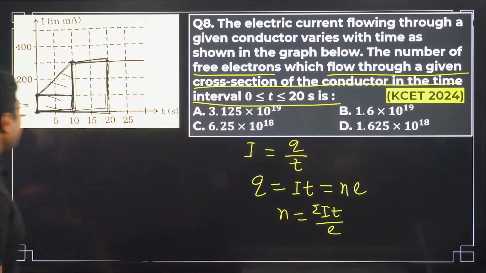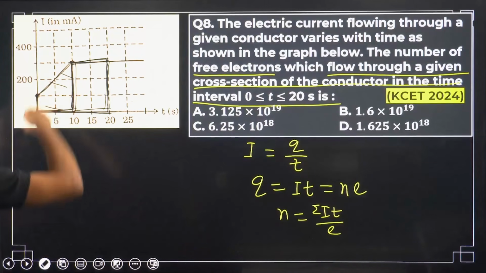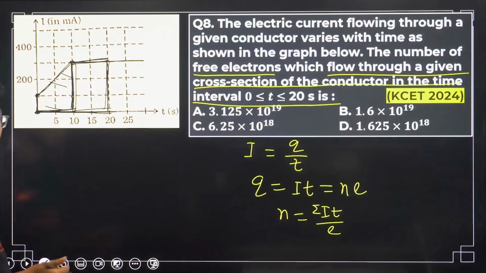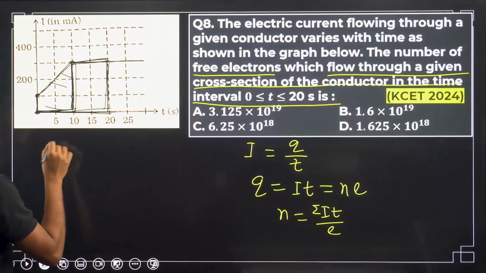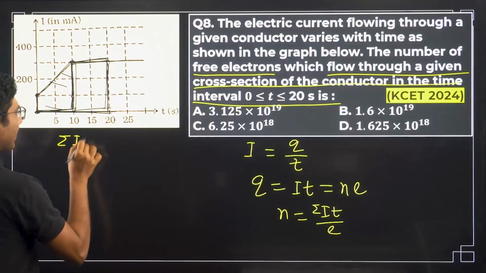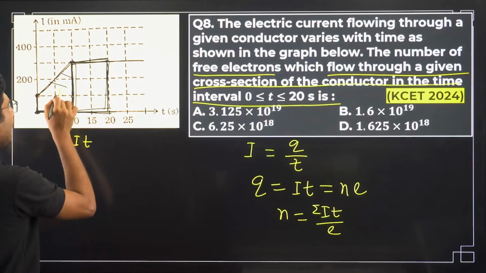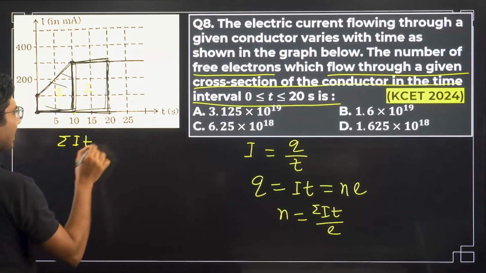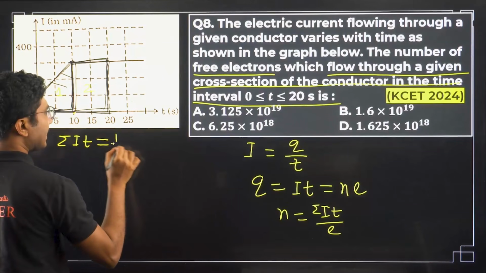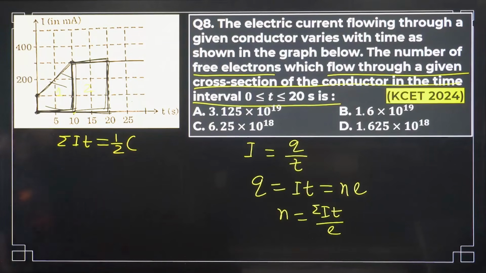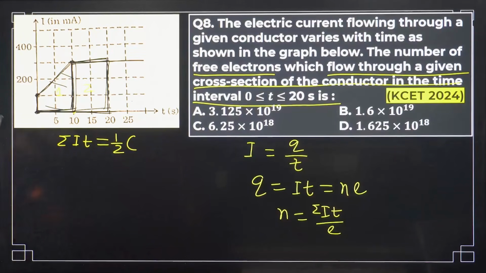But I want to use a little shortcut method, that I will always consider this kind of shapes as trapezium. It is very good to know the formula for trapezium, that might save some time. So what is the sum of IT? Sum of IT means this area plus this area, area 1 and area 2. Now what is area 1? Area 1 is a trapezium. Trapezium's area is half into the sum of the parallel sides.